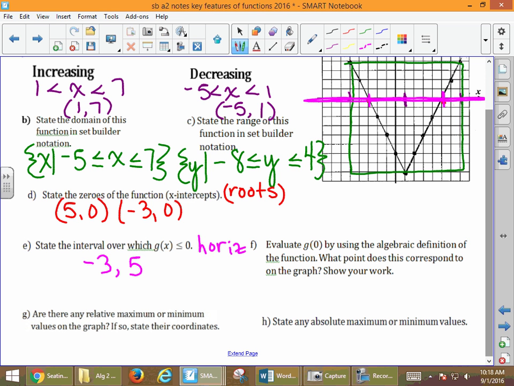We have less than or equal to 0. So we're looking at all these y values that are less than or equal to 0. Because there's an equals in this problem, we want to have the brackets. So from everything from here to there.